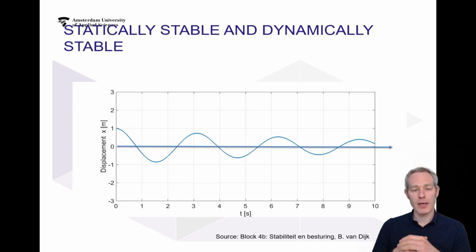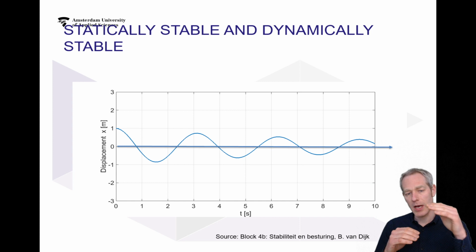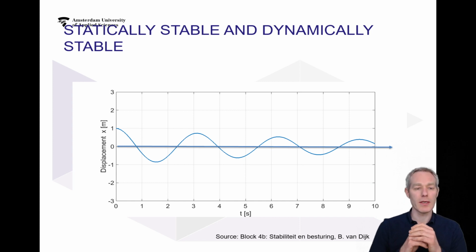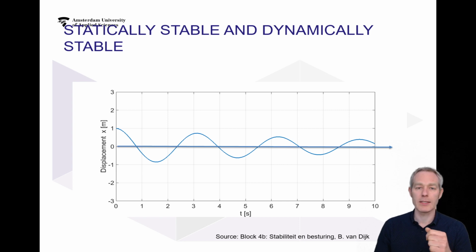Now here you see a system where we've perturbed it again from its equilibrium position up a bit. We see it initially returns towards the equilibrium position, but also if we look in time, we see oscillations, but they slowly dampen out, and we would call this a dynamically stable system, and of course statically stable.